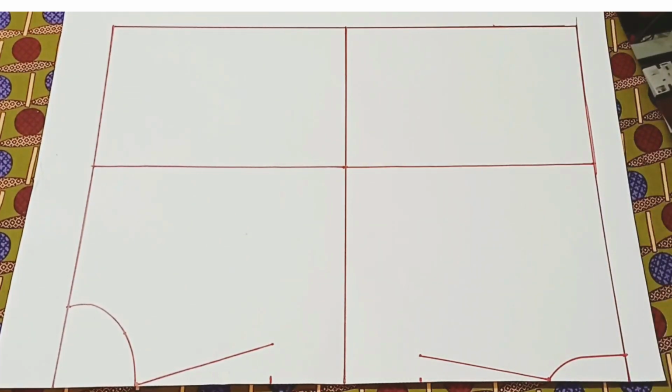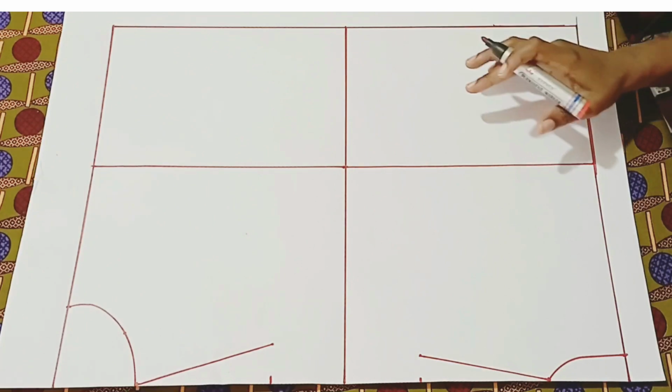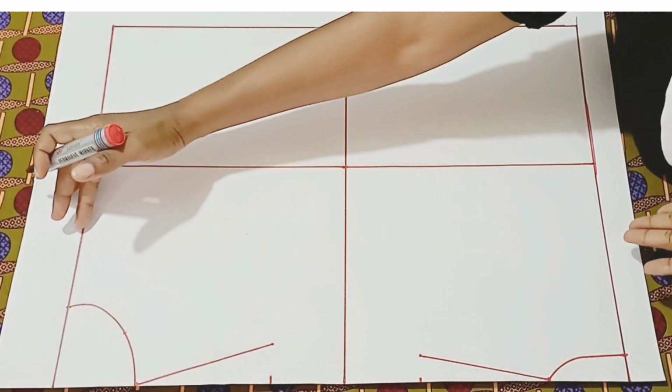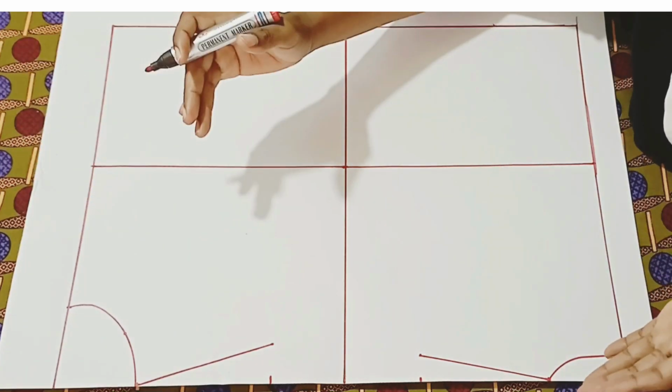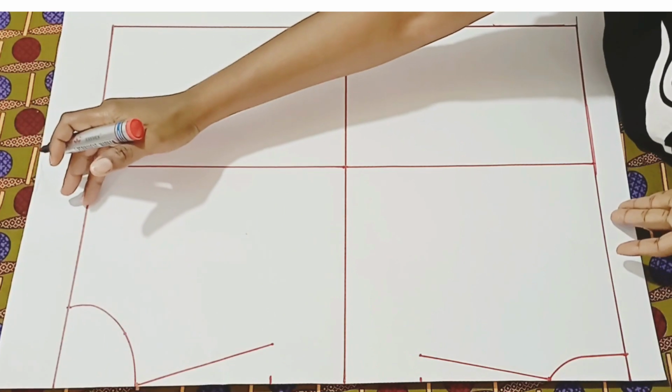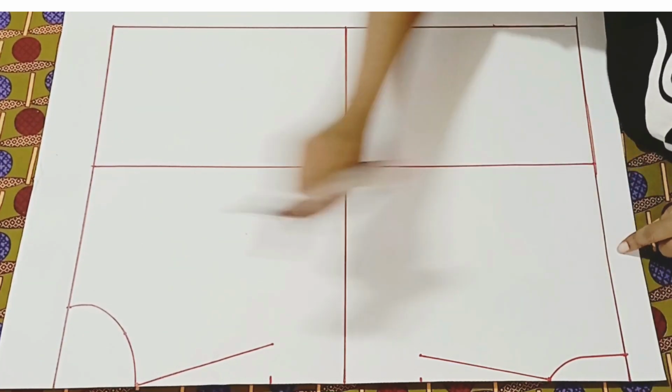Now I want to explain something to us very quickly before I move ahead. How did I come about this block? To get the width of this block, you need your bust circumference divided by 2 plus 2, from this end to this other end.